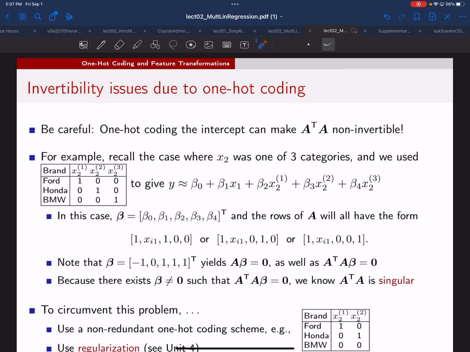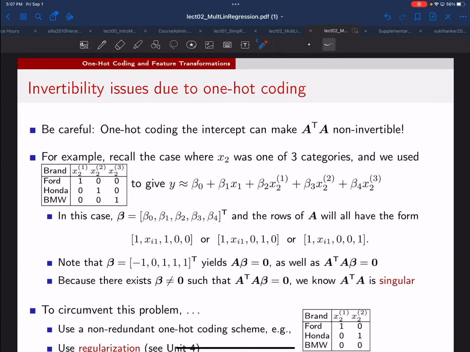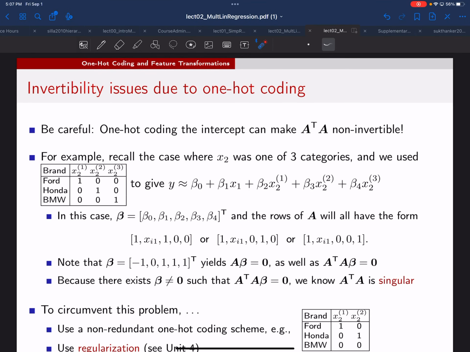The second column of A will be filled with the x1 features, so we have these xi1. The remaining columns for the Fords will look like this, for the Hondas like this, and for the BMWs like this.